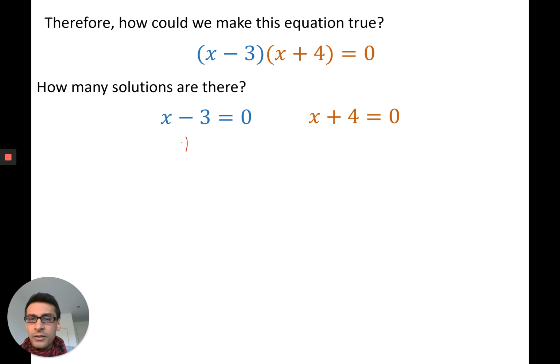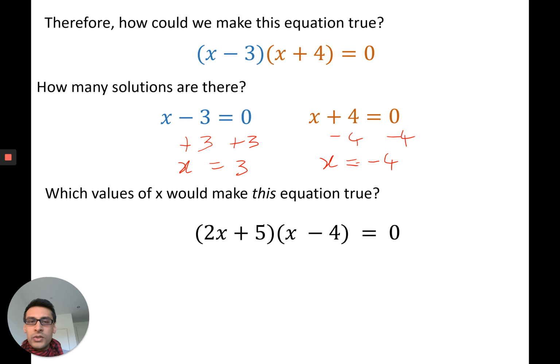So I'm going to add 3 to both sides, and I get x equals 3. And in this equation here, I'm going to take away 4, take away 4. So x equals -4.